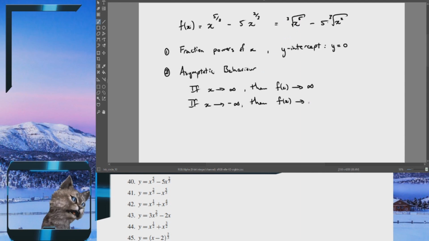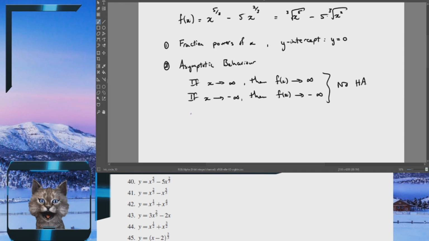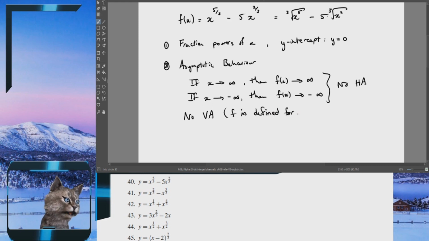Cube root of a large negative number, large negative. Regardless, I have no horizontal asymptote. I also have no vertical asymptote. Because of the cube root and the positive powers, f is defined for all x values. So there can't be any vertical asymptotes.